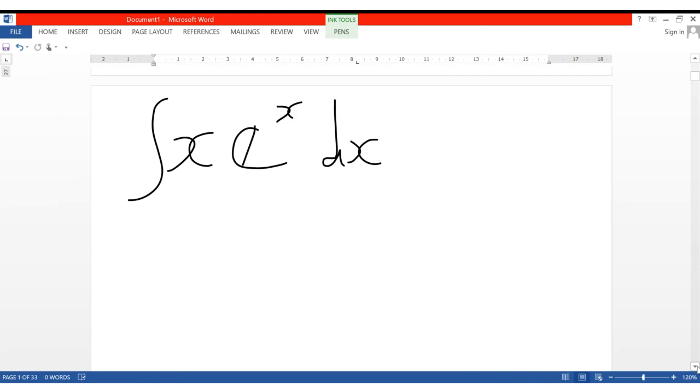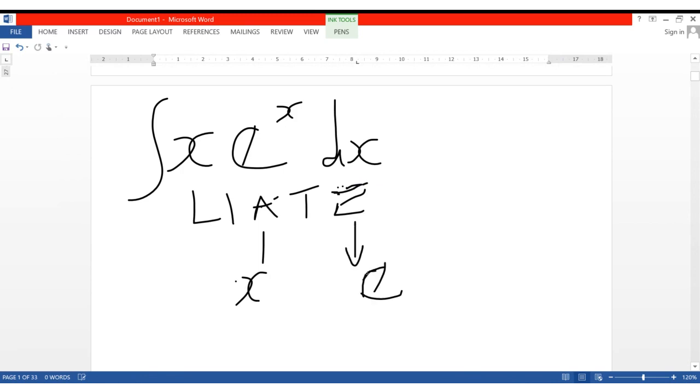So I'll come to the acronym LIATE first of all. LIATE. So basically, the x will be on the side of the algebraic, then the exponential x will be on the side of the exponential. We had said, according to the arrows that I've given, that when you go like this, the first one that appears will become your u, and automatically the other one will become your dv.